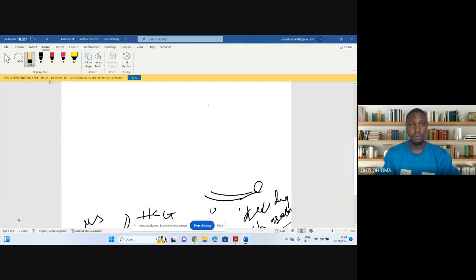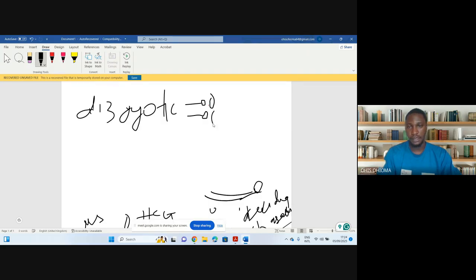Twinning. So basically we have two types of twins. We have dizygotic, which basically means that two separate sperms are fertilizing two separate ova.